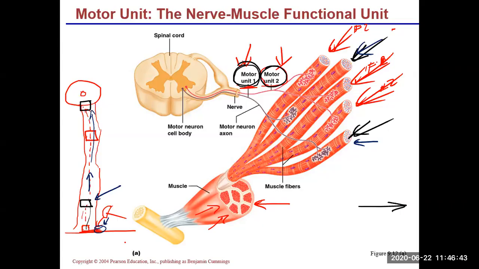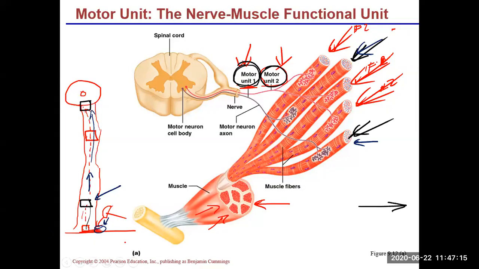Of course, bulky muscles such as your quadriceps muscles and so on have a lot of power behind them, but you don't get as precise control like the eyes and the fingers, for example. But because there are a lot of different motor units, it allows you to recruit them together at times, and you could get even more contraction.